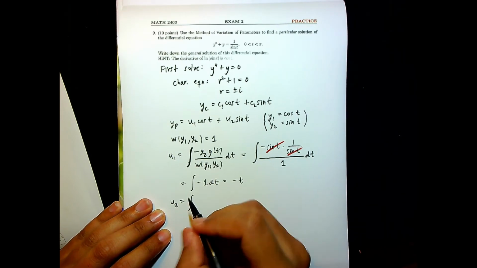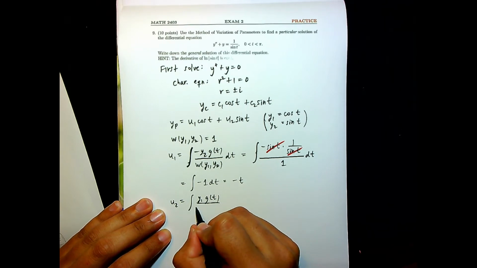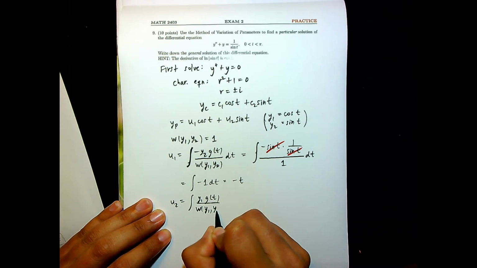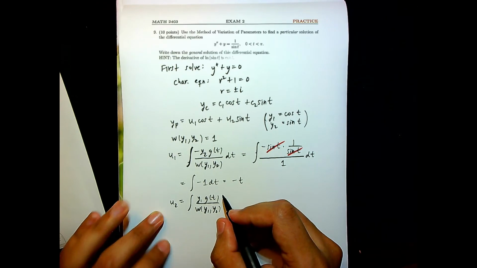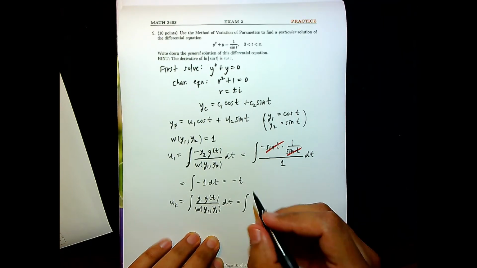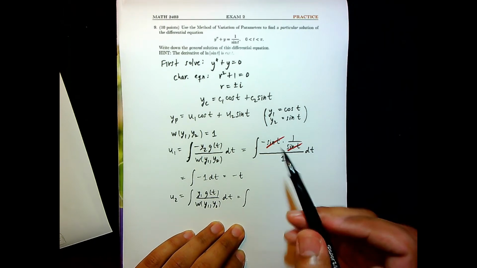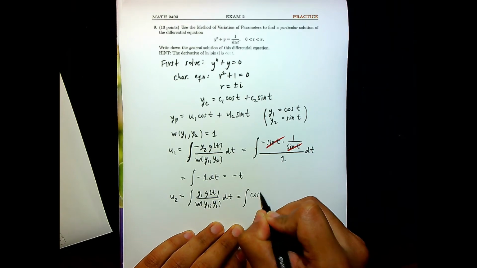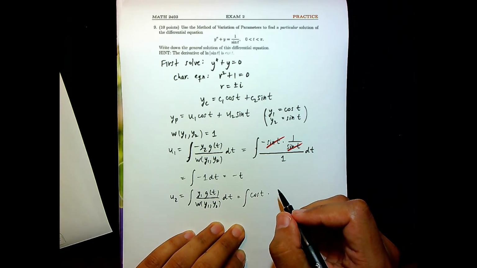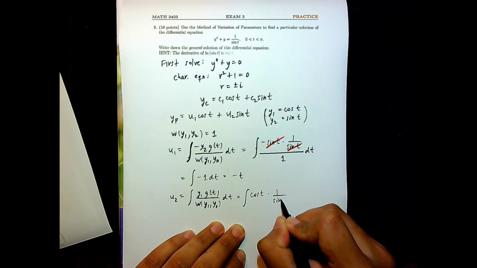Now we use the formula for figuring out u2, which is the integral of y1 g of t over the Wronskian of y1, y2 dt. Again, this is 1, so it's not going to do anything. And then y1 is cosine, so this is cosine of t times g of t, which is 1 over sine of t, dt.